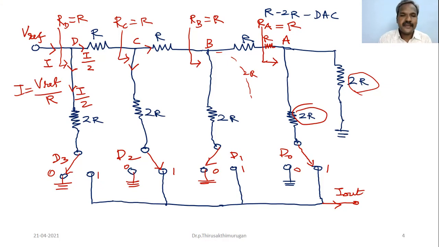ID by 2, the current coming from this is ID by 2, and here also ID by 2. So the current flowing here is also ID by 2. Similarly, what is the current flowing here and here? Here is IC by 2. So IB equal to IC by 2. So this is IC equal to ID by 2, IB equal to IC by 2, here also IC by 2.